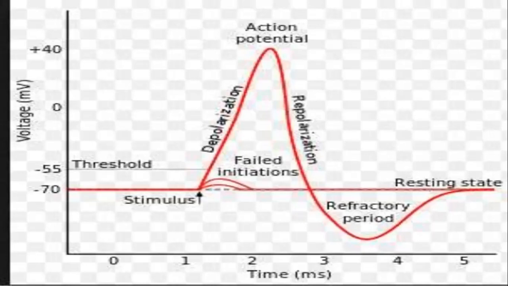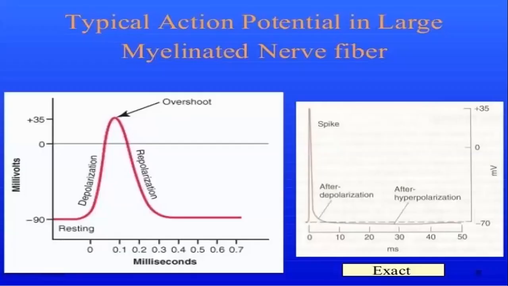So sodium channels have become inactivated, and after the overshoot the potassium channels are open, so the membrane repolarizes. The potassium conductance of the membrane remains for longer intervals, so there is some hyperpolarization of the membrane, followed by returning to the resting membrane potential.